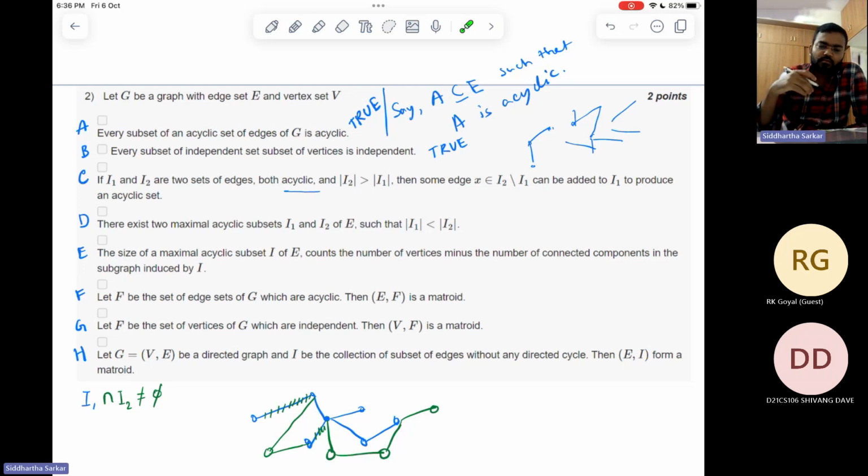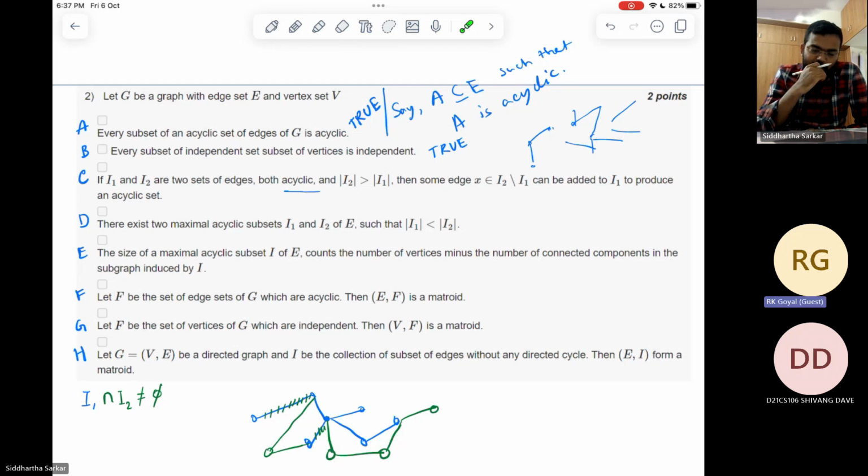So the question is, irrespective of what I1 and I2 are, are we always going to find such an edge in I2 that can be merged with I1 without creating a cycle? We do not want to introduce a cycle.